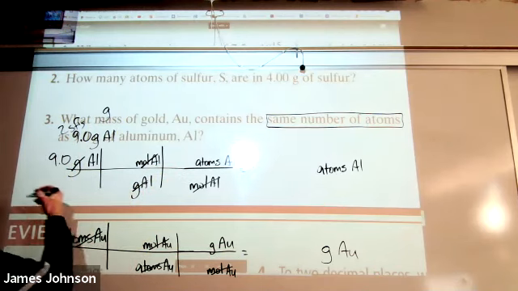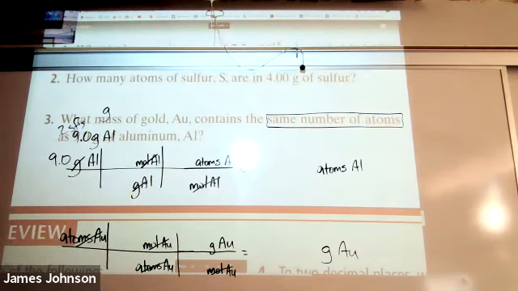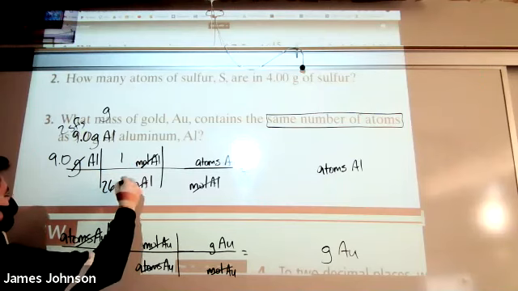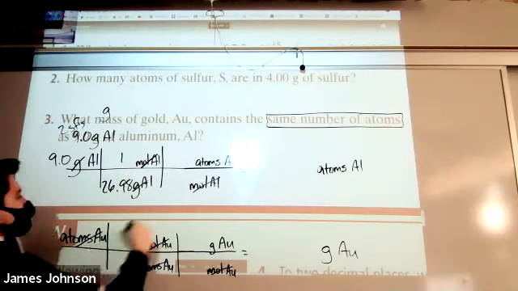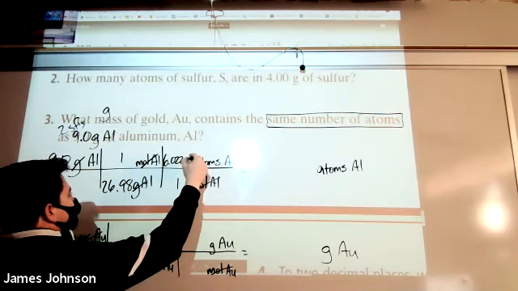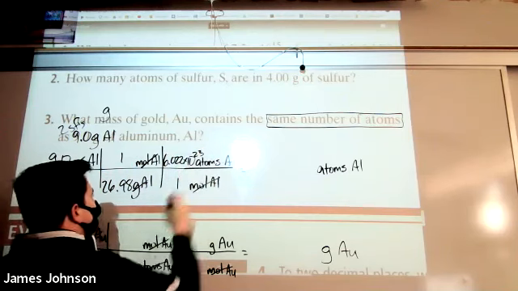And, looking at the periodic table, I see that 1 mole of aluminum has a mass of 26.98 grams. I know that 1 mole of atoms is Avogadro's number of atoms.